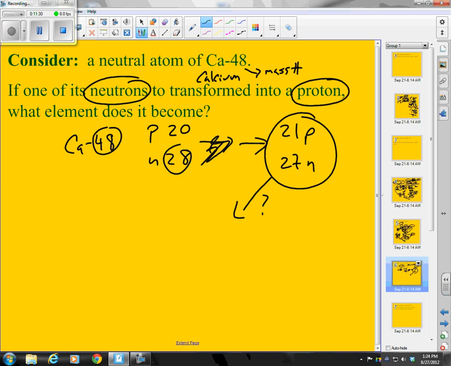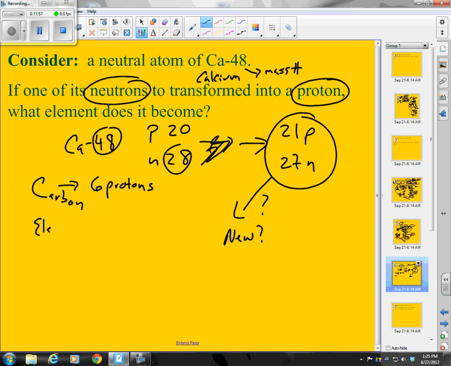Does this change this to something new? Well, it really goes into the definition of what makes up an element. What makes up carbon? The answer is all carbon atoms have one thing in common, and that is all carbon atoms have 6 protons. If it has 6 protons, it is carbon. If it doesn't have 6 protons, it cannot be carbon.